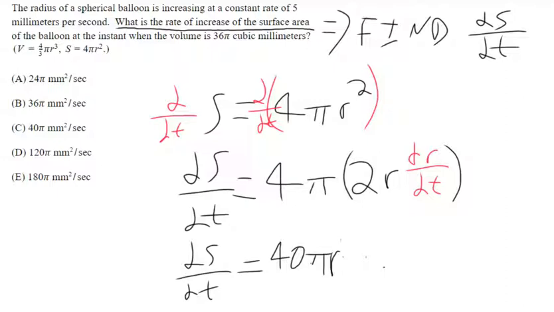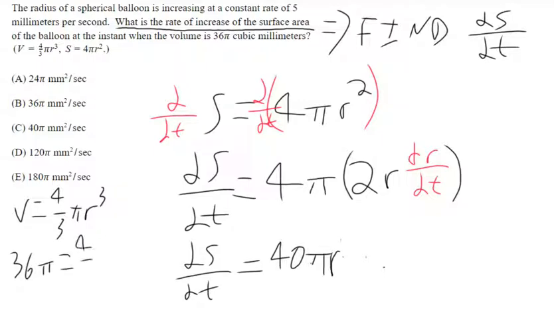So now, almost done, I just need to find a value for r. All I'm told is that the volume is 36 pi cubic millimeters, but I can use the volume formula to solve for r. I know that the volume is 4/3 pi r cubed, and we're interested in when the volume is 36 pi.